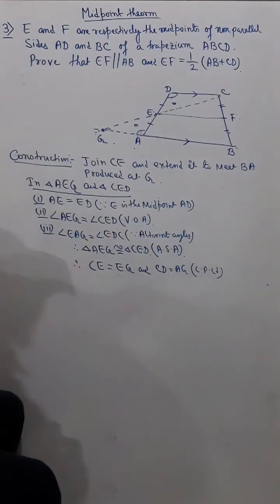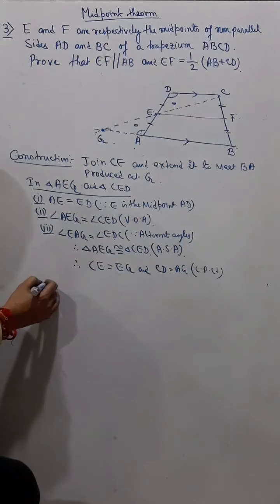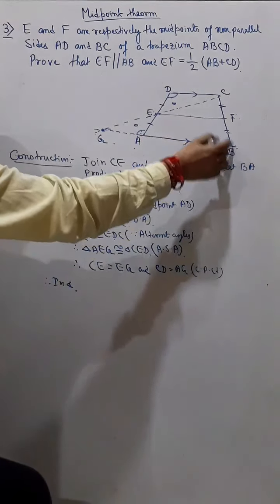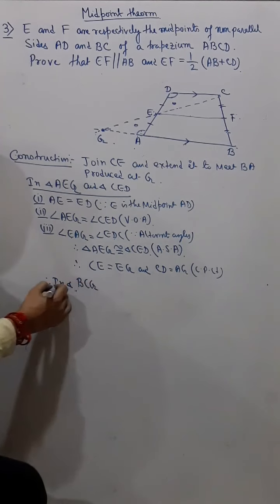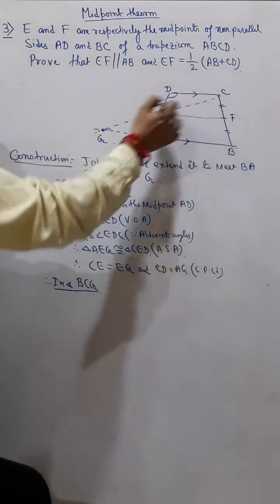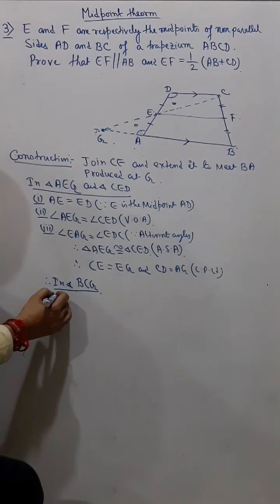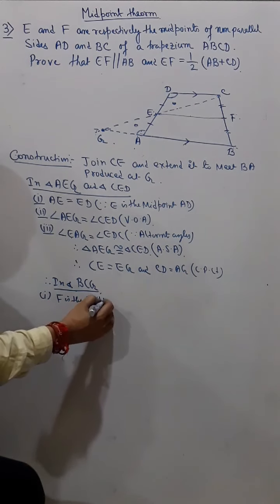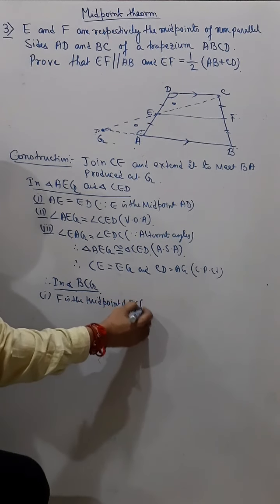Okay, now we can prove these two. Now we will take triangle BCG. Okay, I will take this big triangle BCG. What we got? Number one, F is the midpoint of BC, that was given.